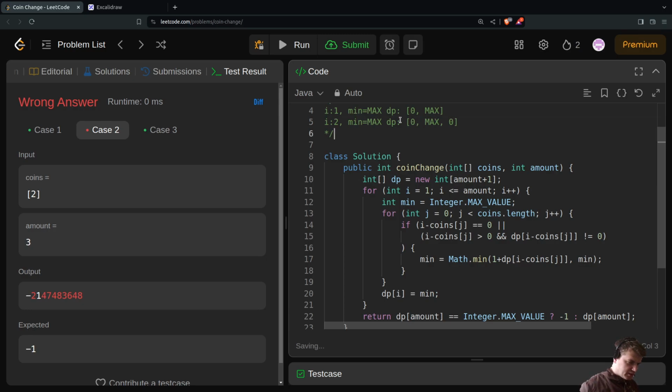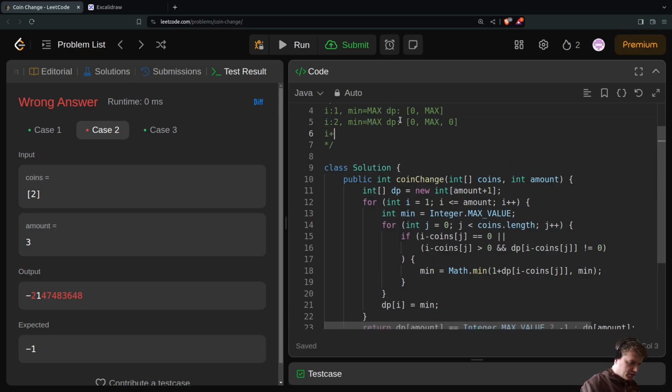The next one is i equals 3. So the minimum equals max. Again, I go through, what's going to be i minus coin, so 3 minus 2 is going to equal 1.